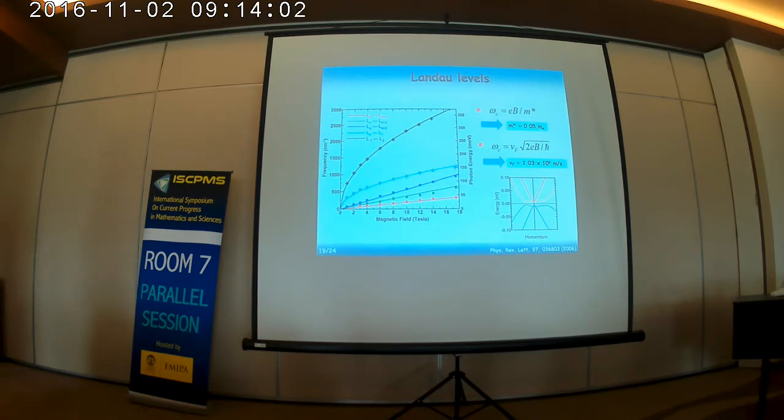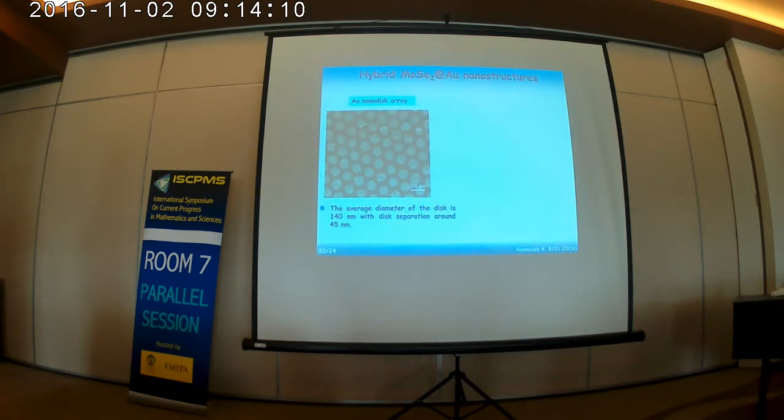And the third part of my story is we are also looking at another interesting optical property of two-dimensional materials. We combine the two-dimensional materials and gold nanostructures. We first fabricate a gold nanodisk array.